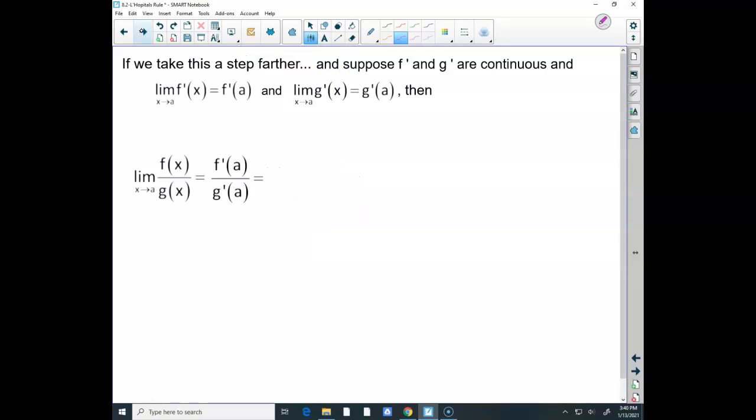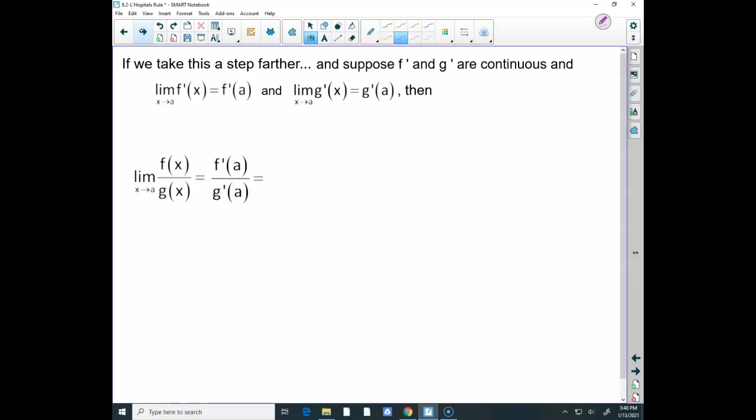So we're going to come here, take it a step further. Well, if I take this a step further, now how far do we want to go? Suppose f prime and g prime are continuous, which is important, because if they're not continuous, they can't be differentiable. And the limit as x approaches a of f prime of x equals f prime of a. Okay?